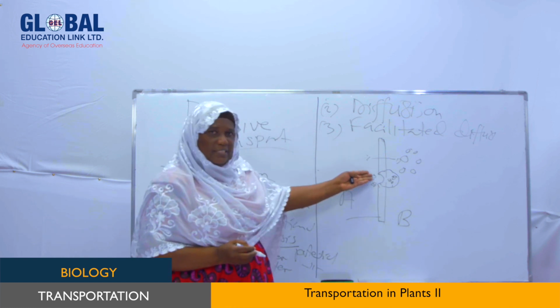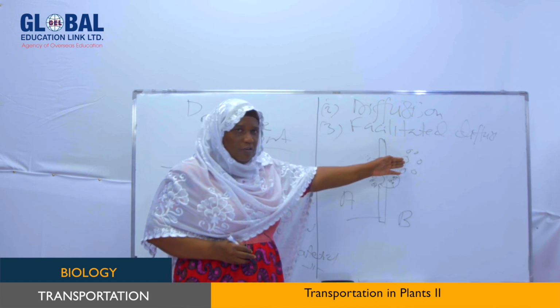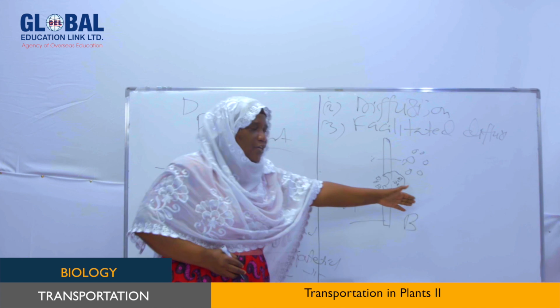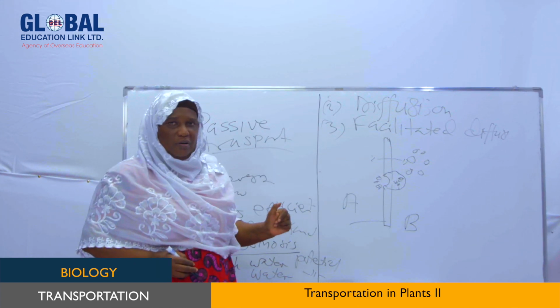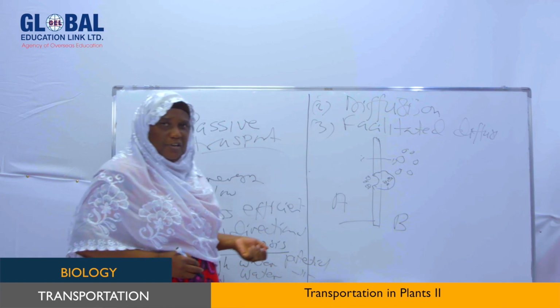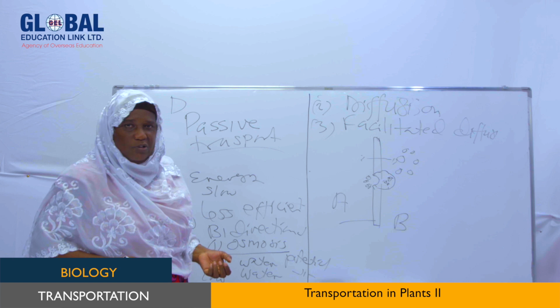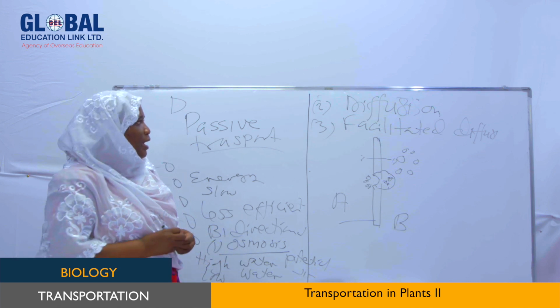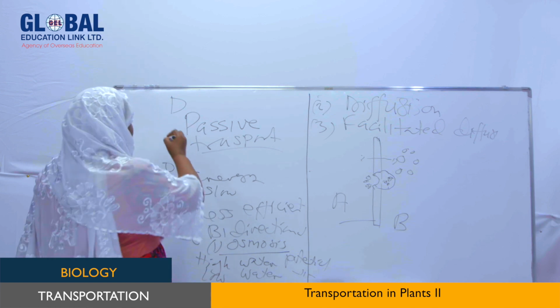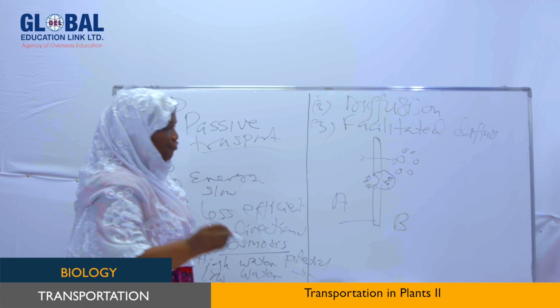And when it opens to this side, it allows the molecule to move from side B to side A. This is also passive, I mean a passive means of transporting materials. Energy is not required. And apart from passive, there is also active transport.